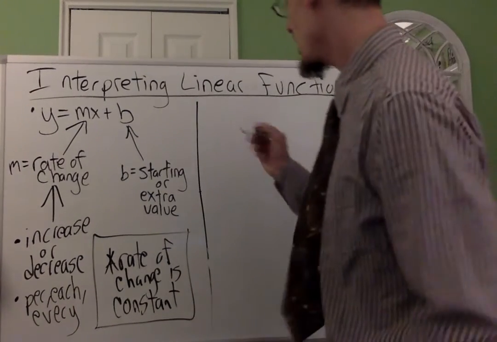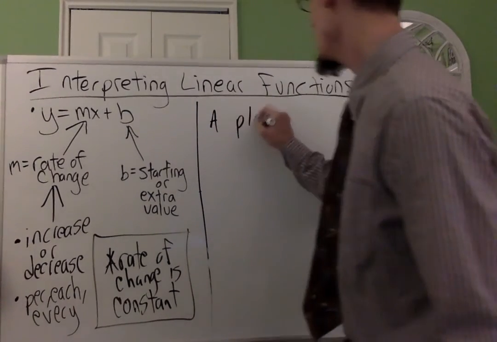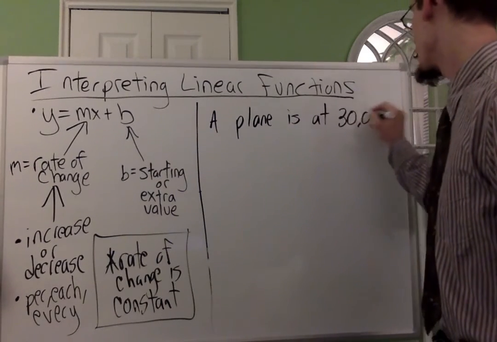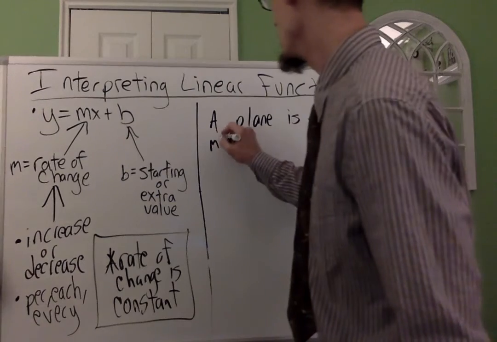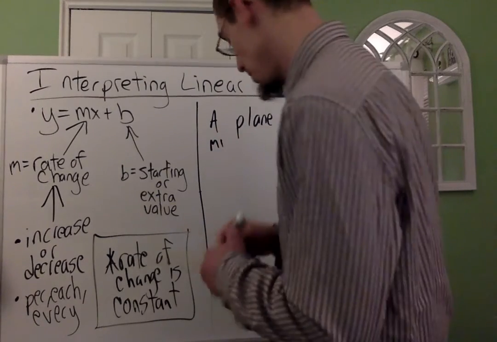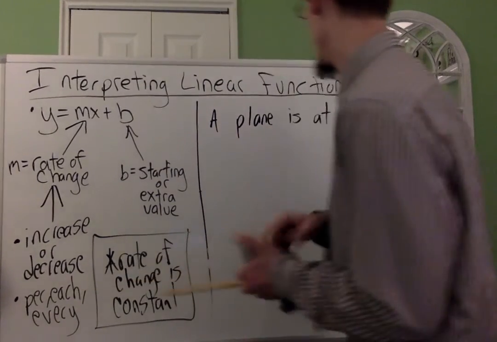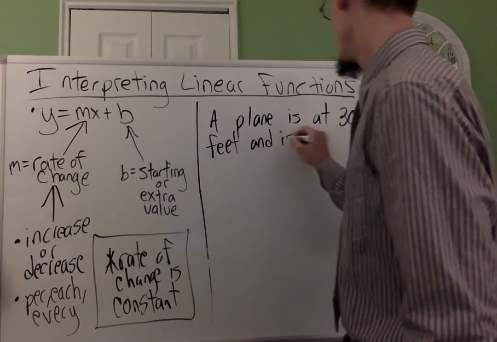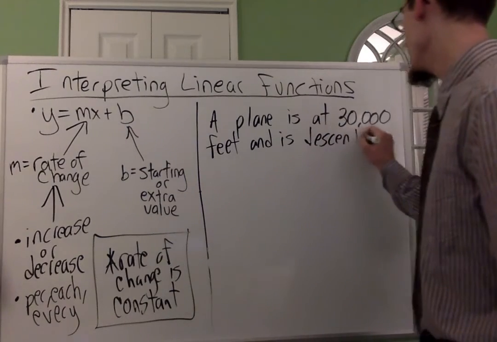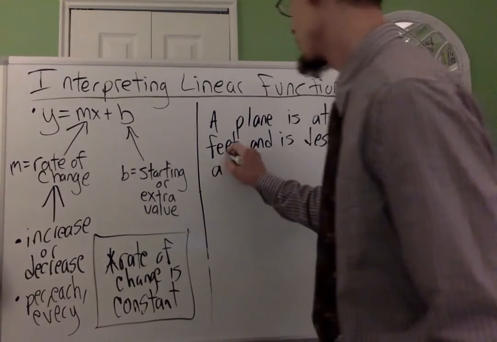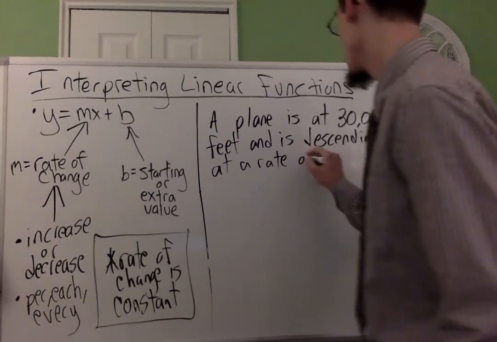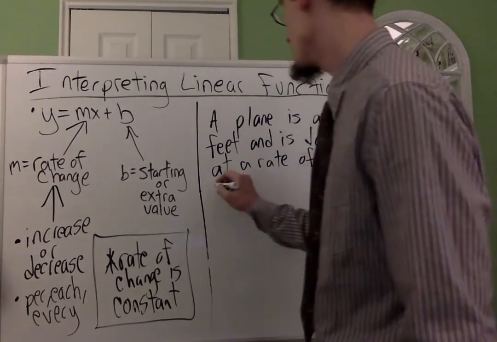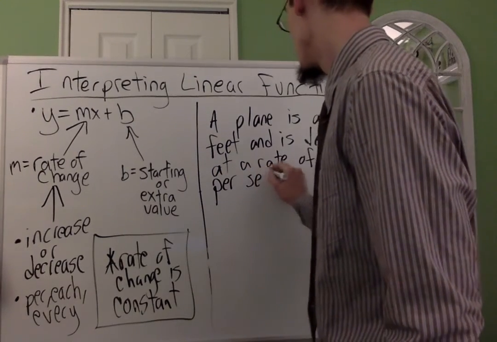So let's say a plane is at 30,000 feet. So a plane is at 30,000 feet and is descending at a rate, let's say, 500 feet per second.